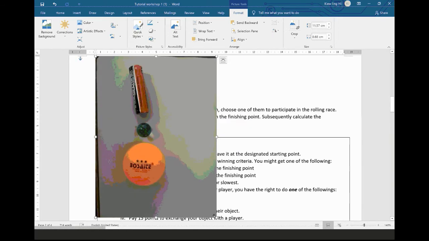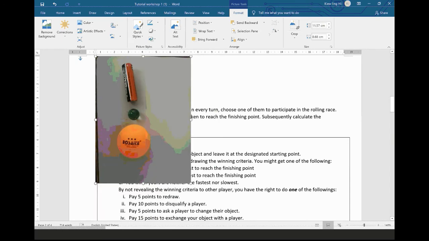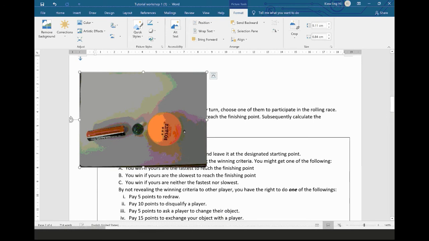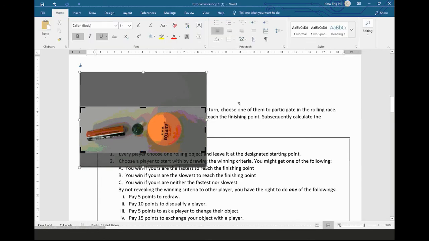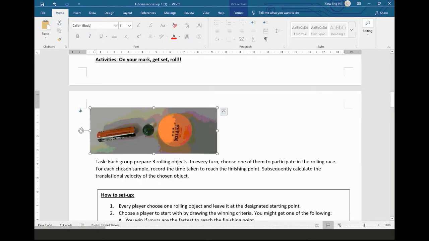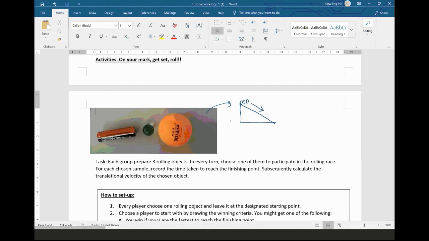If I put these three objects on a ramp and all three roll down at the same time, can you predict which one will reach the bottom first?